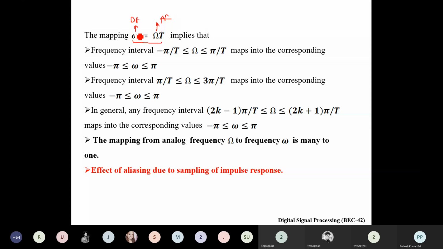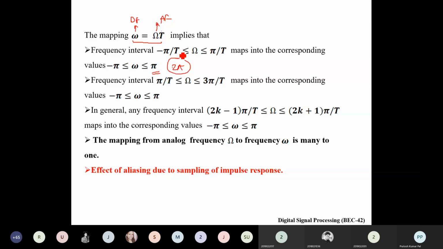The analog frequency will be mapped to the digital frequency multiplied by T. So if the analog frequency is given between minus pi by T and pi by T, it will map to the digital frequency range minus pi to pi. The difference will always be 2 pi.